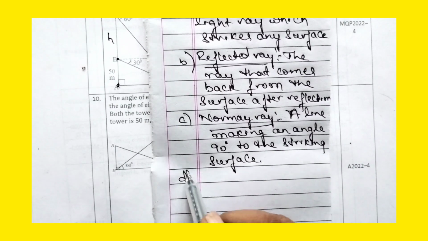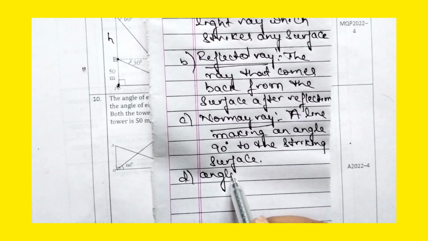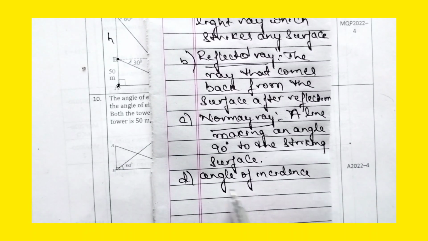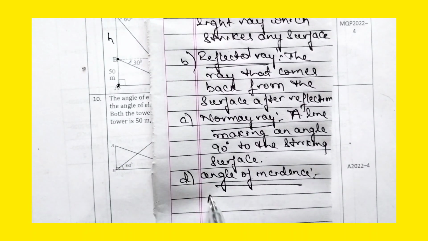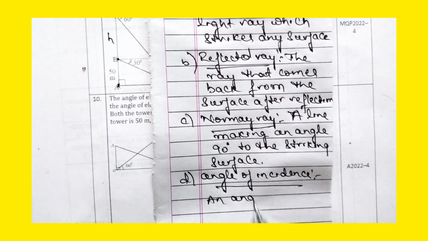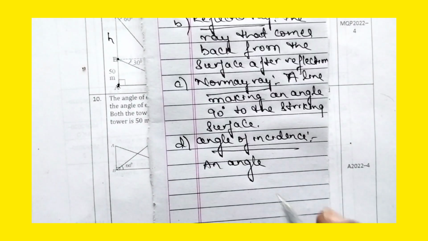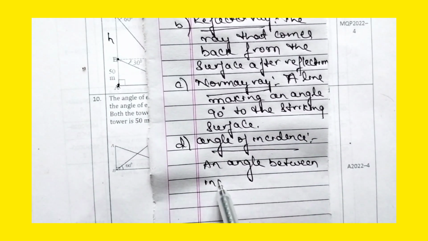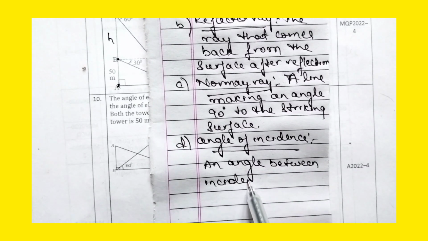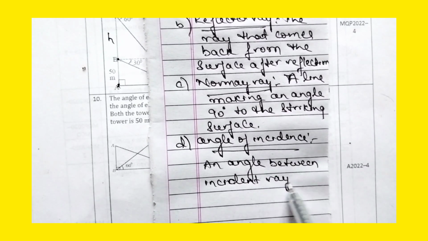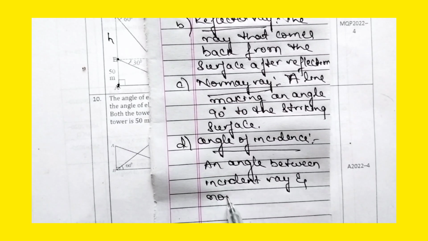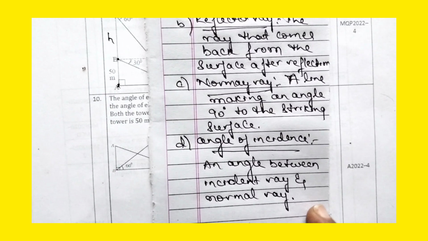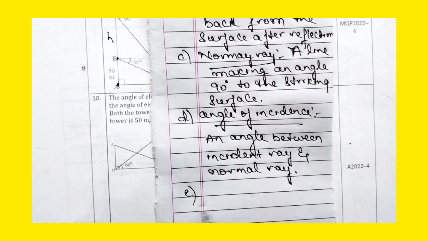Next, angle of incidence. What is the angle of incidence? The angle between the incident ray and the normal ray is called the angle of incidence.